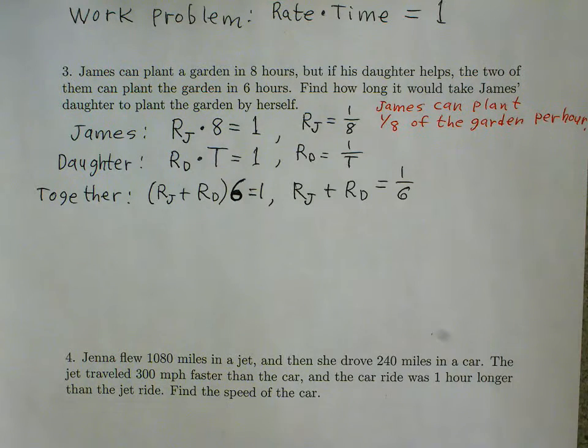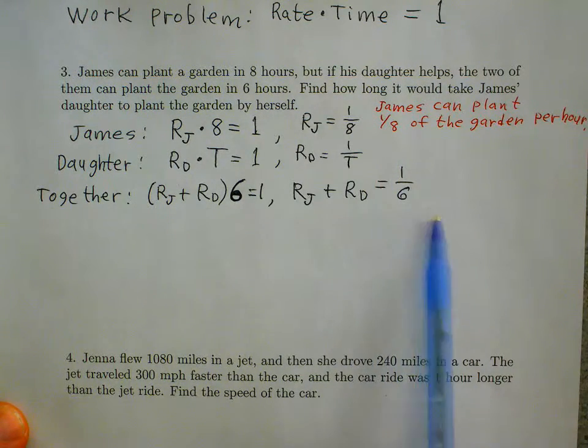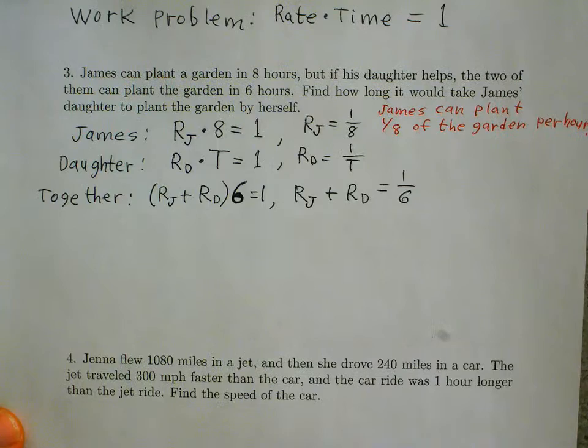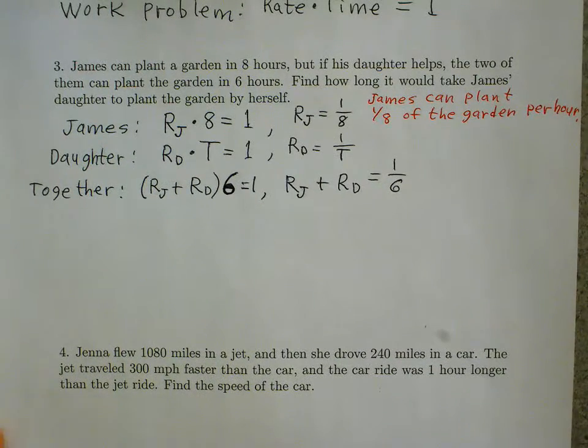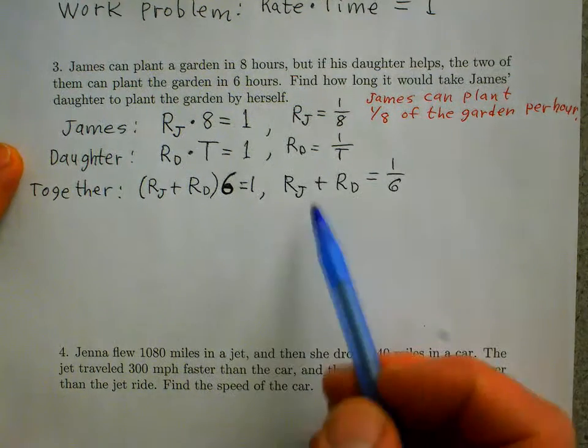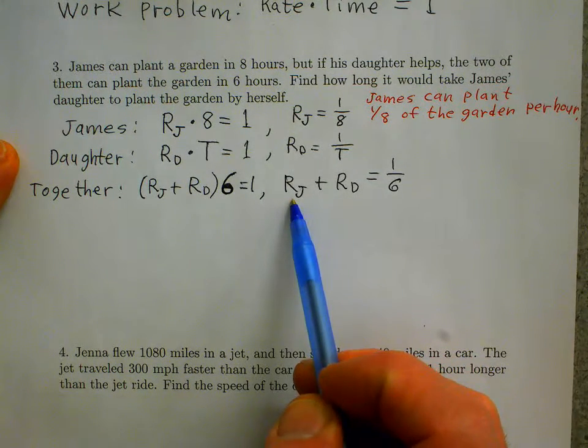So what do we need in order to solve for t? We need an equation whose only variable is t. And we have all of the subcomponents necessary to get one equation whose only variable is t. We know what James's rate is. James's rate is 1/8.